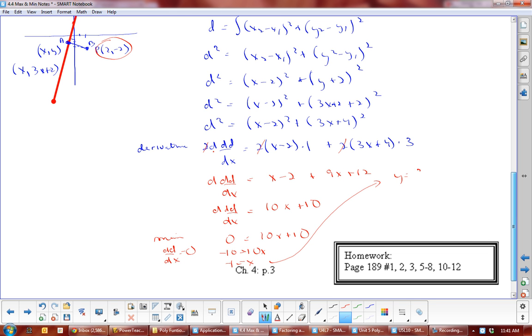So y equals 3 times negative 1 plus 2. Y equals negative 1. And if you did a good diagram, it should kind of match up. So the nearest point is negative 1, negative 1.